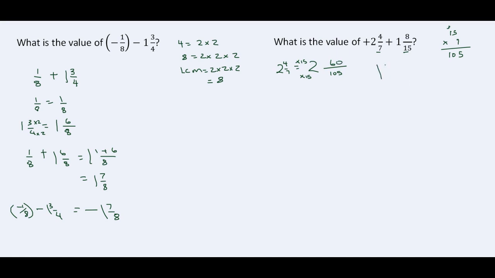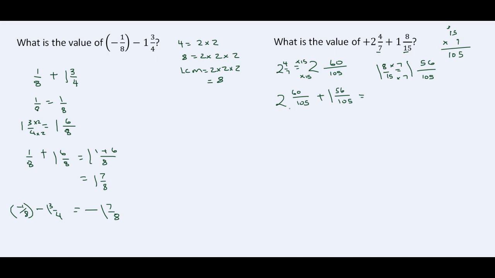And then 1 and 8/15 is going to be equal to 1. We need a denominator of 105. So we multiply this by 7. So we multiply this by 7. So this is going to be 56. So now we have 2 and 60/105 plus 1 and 56/105.